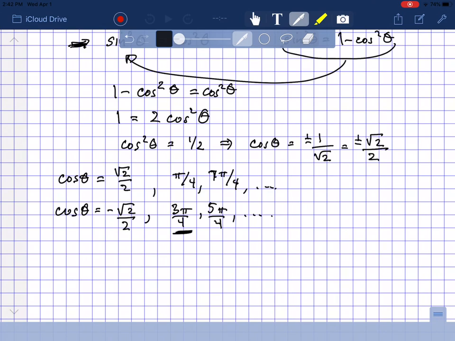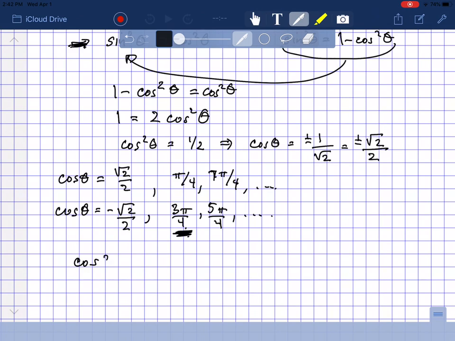So what happens? Well, let's look at this solution here. When I take the cosine of 3 pi over 4, I get minus the square root of 2 over 2. And when I take the sine of 3 pi over 4, I get plus the square root of 2 over 2.